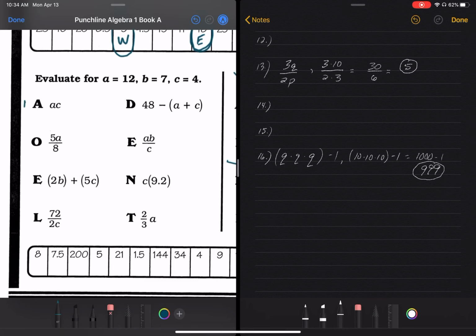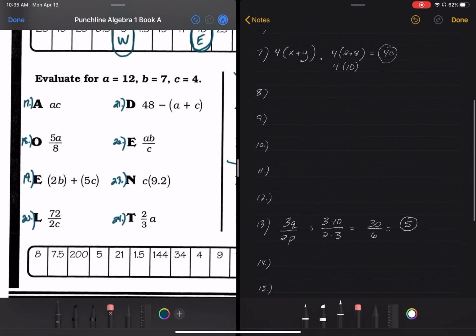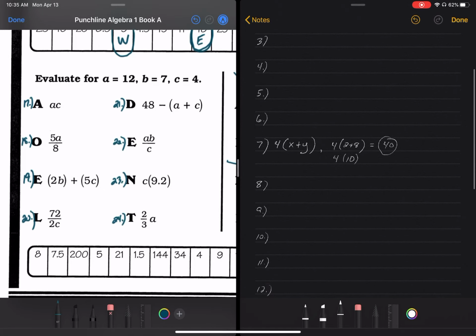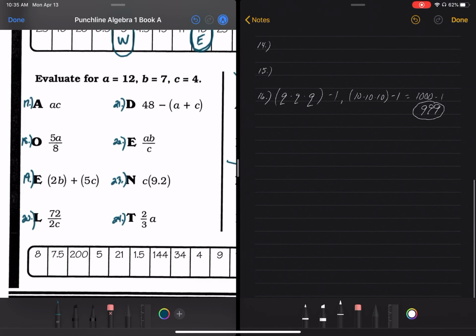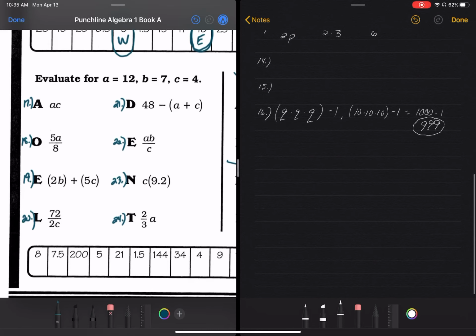So this is number 17, 18, 19, 20, 21, 22, 23, 24. So the most you'll do is 24, if, well, I've already done some of them for you. So 1, 2, 3, 4, 5. So that's 19 problems so far.